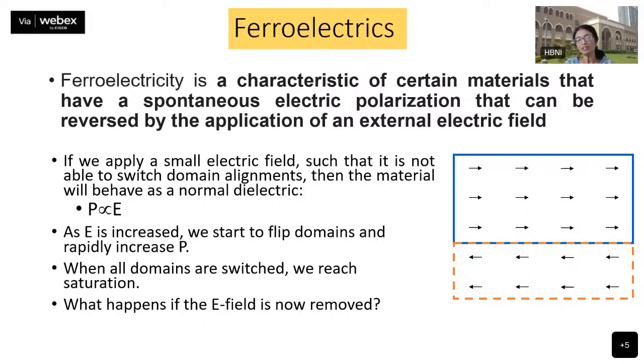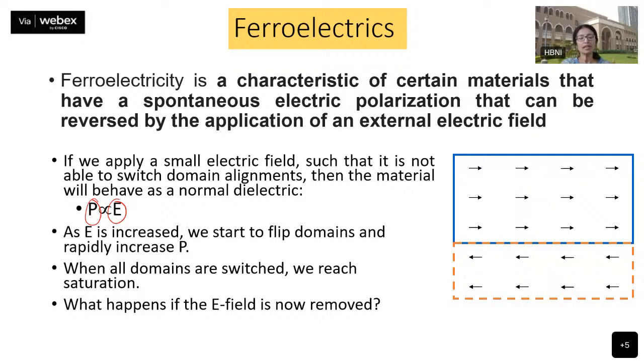So we define ferroelectricity as a characteristic of certain materials that have a spontaneous electric polarization, which can be reversed when you apply an external electric field. If you apply a small electric field, small enough that it is not able to switch the domain alignments, the material behaves as a normal dielectric material. Here your polarization is directly proportional to the electric field.